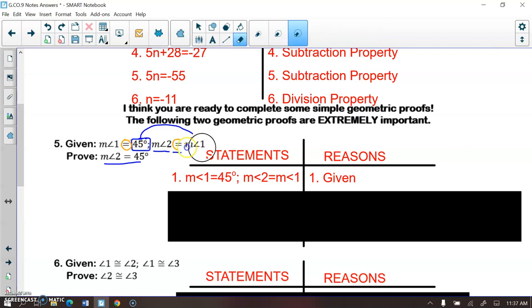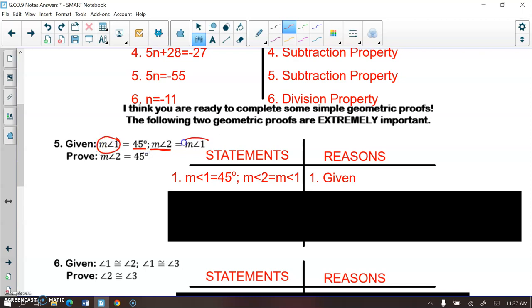Another way to look at this one is, since both the measure of angle 2 and the 45 degrees are equal to the same exact angle, we can set them equal to each other.